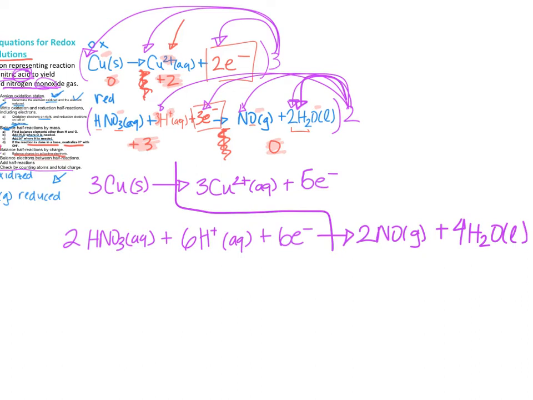Remember, anytime you're adding reactions, if you have something that's exactly the same on both sides, it cancels out. In this case, we have 6 electrons on our products, 6 electrons on our reactants. They cancel out. That was the whole point of making sure those charges cancel and that these coefficients match. So now we can finally rewrite everything. I'm going to rewrite that and then come back.